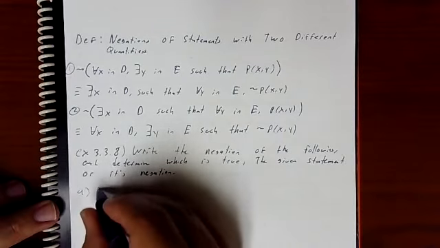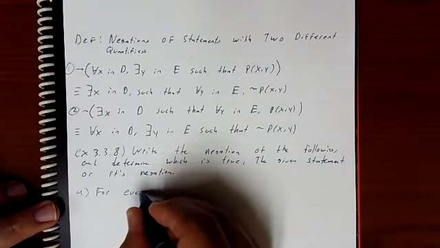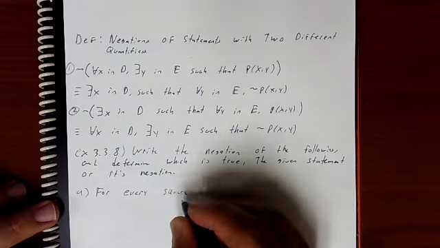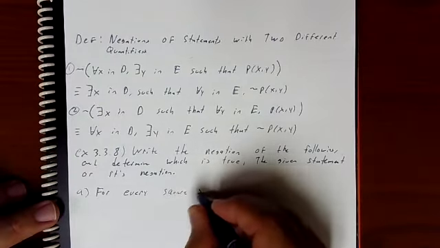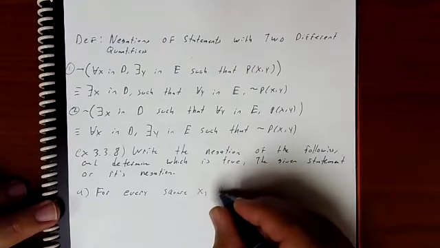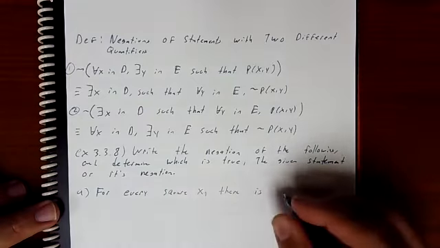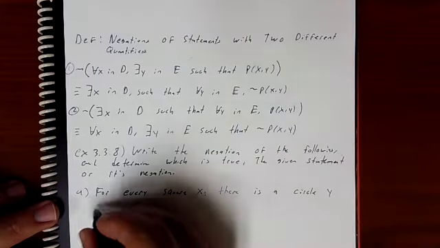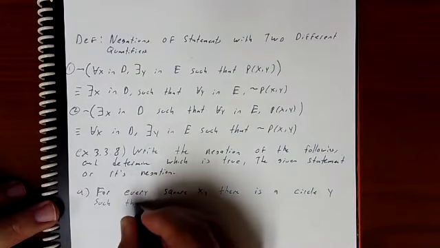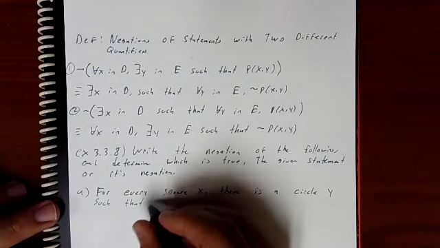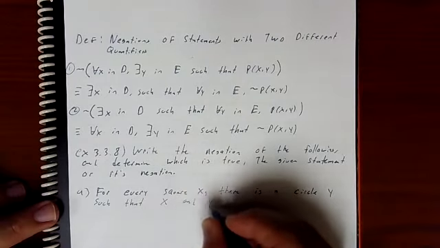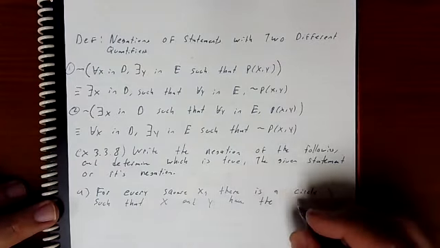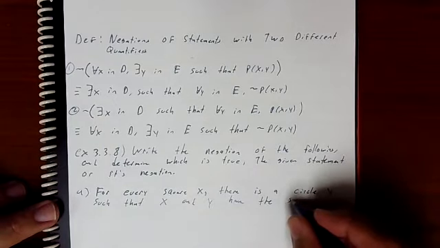Okay, so for every square x, there is a circle y such that x and y have the same color.